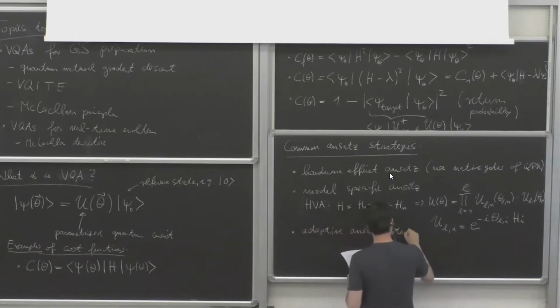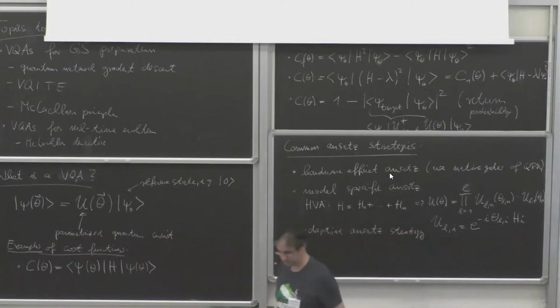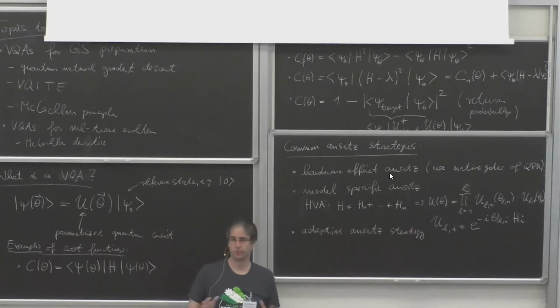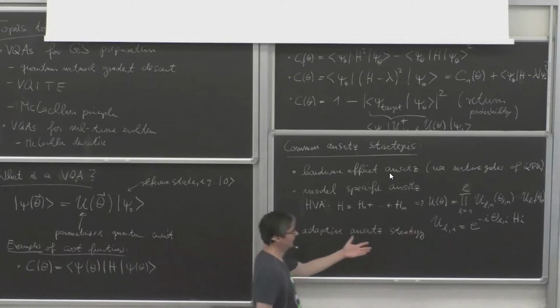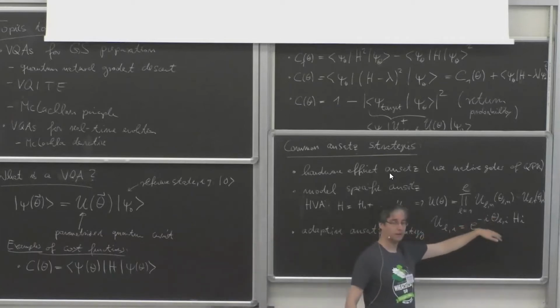In practice, for example, think about it this way. You're selecting operators from a predefined pool. So let's say I take all single-qubit operators and all two-qubit operators on nearest-neighbor links into my pool. Then I can append terms like e to the minus i theta of these Paulis.